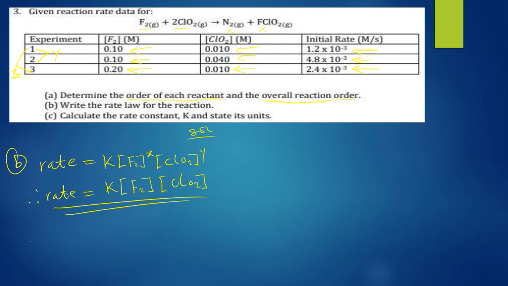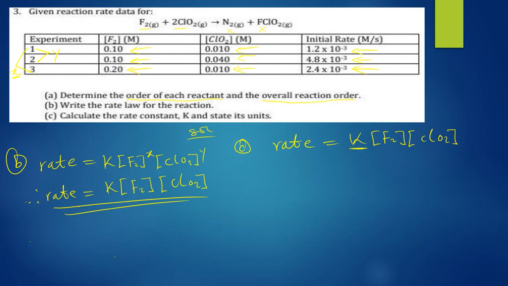And then C. So how can you find C? C is saying calculate the rate constant k and state its units. So how can you determine this rate constant k? So you can use this expression. I'm sure you know where this is coming from. So once you use this, they want this k, the rate constant.